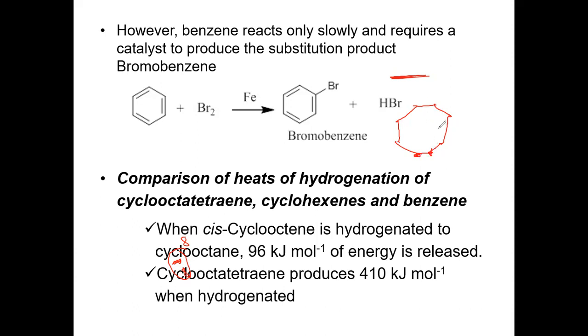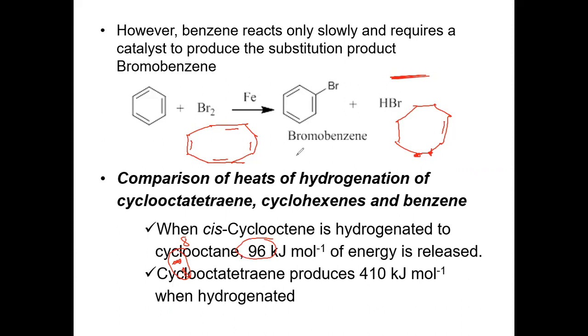Now this is the first compound, cyclooctene, just one double bond. The next one that we are talking about here has 4 double bonds. So 1, 2, 3, 4. Right, good.